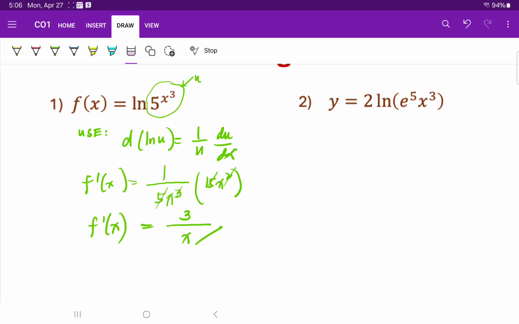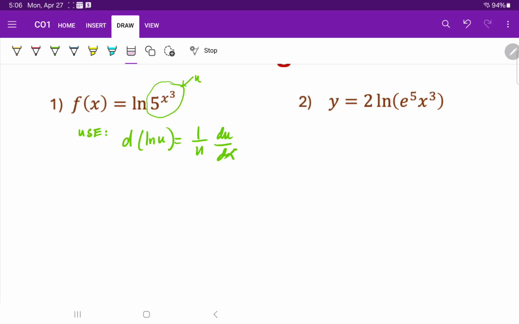What's my mistake here? Mali ito. Right? So, what should this be? Let's do it again. And sometimes you really can commit mistakes. But okay. So, what is f prime of x?